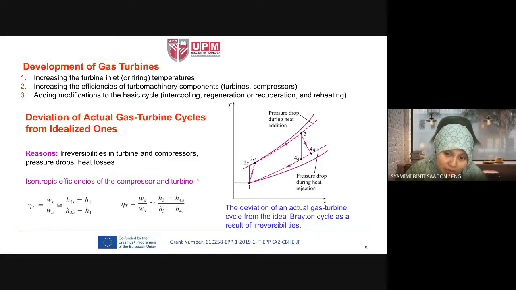Like this one also, if we increase the compressor efficiency, the location of 2A approaches 2S. So we have a higher efficiency of the compressor and turbine. That is one way to improve the performance of the gas turbine cycle.